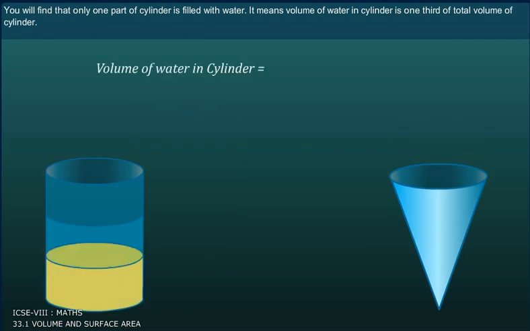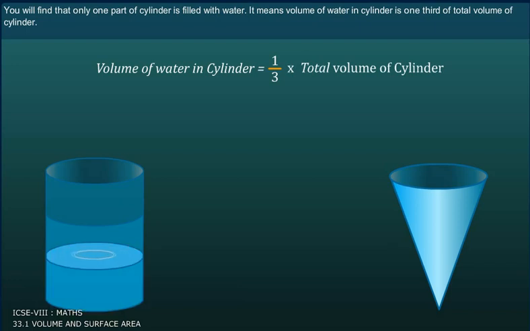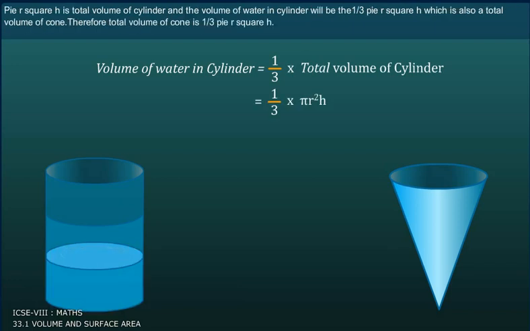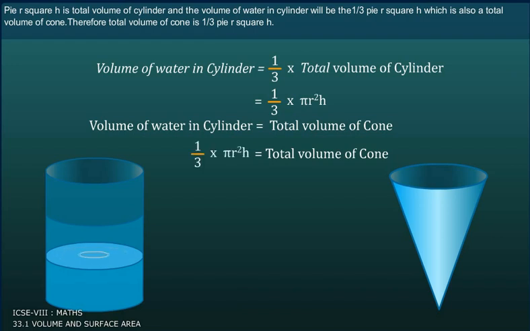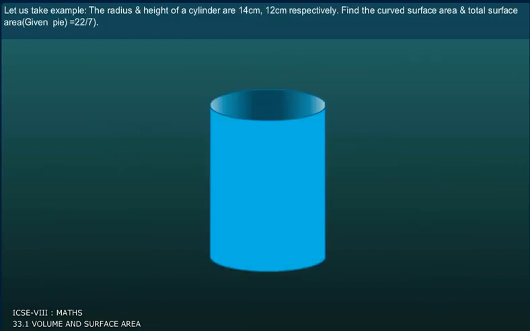It means the volume of water in the cylinder is 1/3 of the total volume of the cylinder. Pi r square h is the total volume of the cylinder, and the volume of water in the cylinder will be 1/3 pi r square h, which is also the total volume of the cone. Therefore, the total volume of the cone is 1/3 pi r square h.